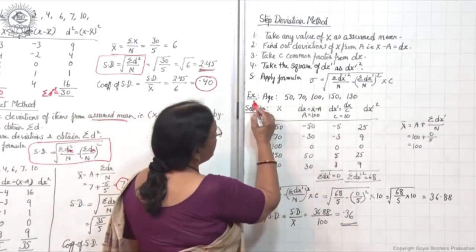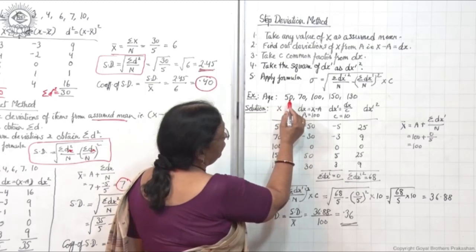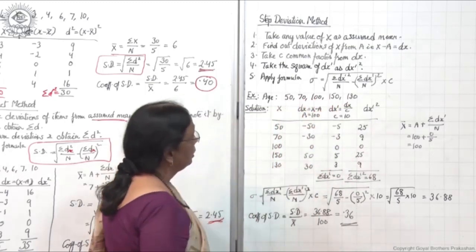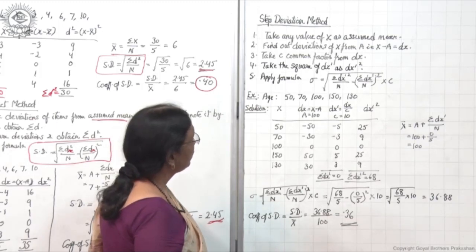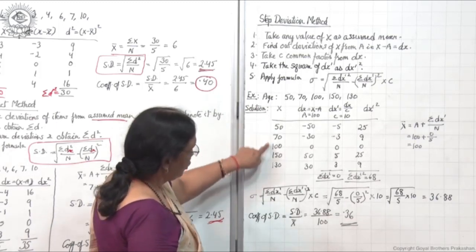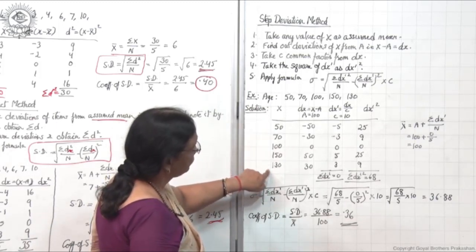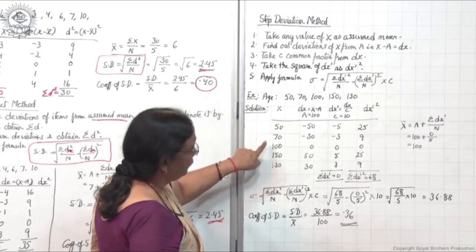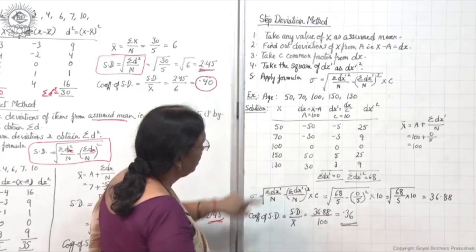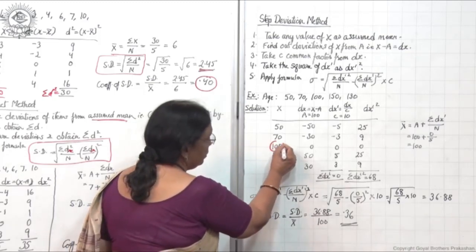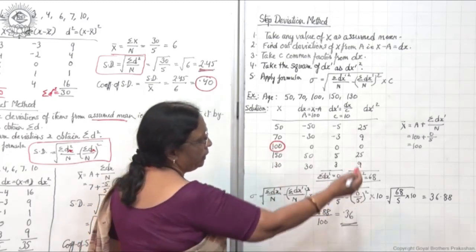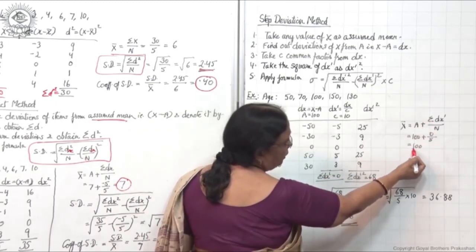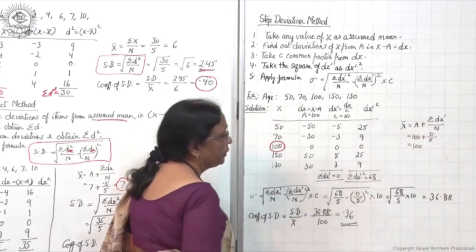Now, example: ages 50, 70, 100, 150 and 130. This is the x column given to you. So in the x column write down these figures and take the assumed mean. Here we have taken the assumed mean as 100. A plus sigma dx upon n, 100 plus 0, so x bar is 100.